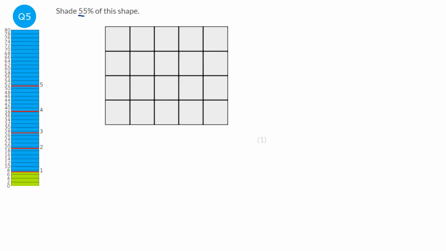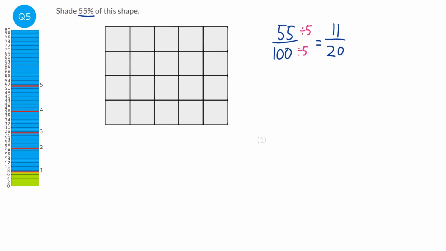So 55% is the same as 55 over 100. And what I can do is divide the top and bottom of the fraction by 5. And so that is going to equal 11 over 20. Now in total there are 20 squares here, because there's 5 across and 4 down. 5 times 4 is 20.